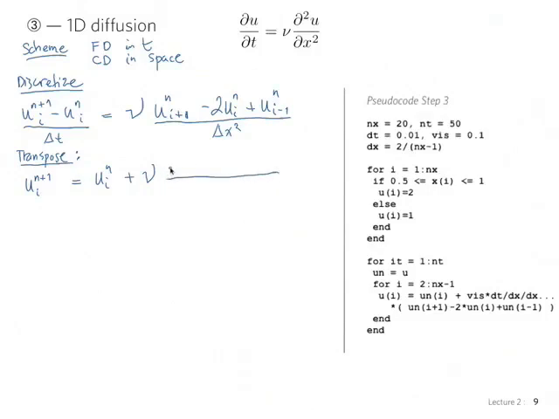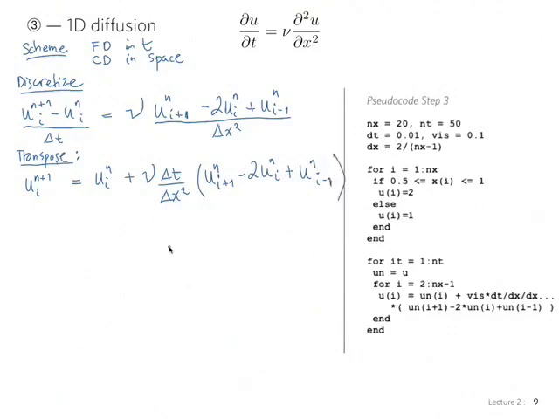So we have, oh no, I'm not going to write a fraction. I'm going to just write it as nu times delta t divided by delta x squared times u_{i+1}^n minus 2 u_i^n plus u_{i-1}^n. So we've got all that here.